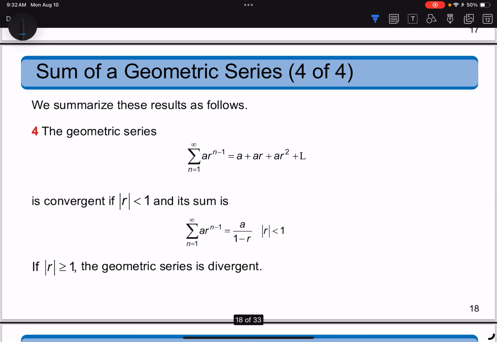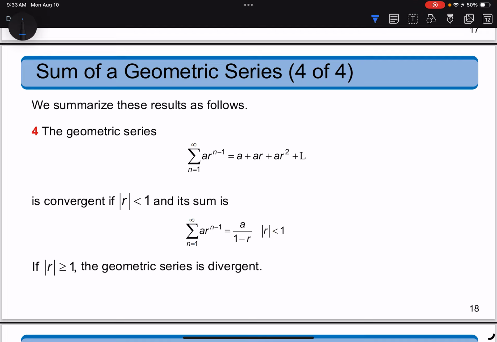So just to summarize that for geometric series, we summarize this result as follows. The geometric series, summation of ar raised to n minus 1 for n equal to 1 to infinity, equal to a plus ar plus ar squared and so on, is convergent when the absolute value of r is less than 1, and its sum is a over 1 minus r, where the absolute value of r is less than 1.